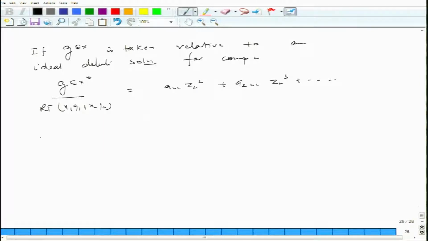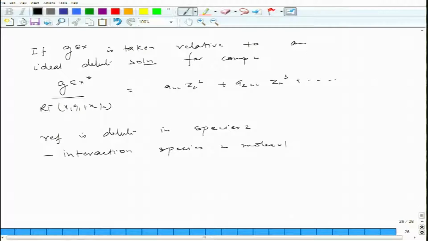So if the reference is dilute in species 2, that means interactions among species 2 molecules are responsible for deviation from ideality.